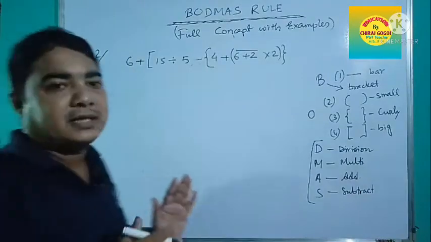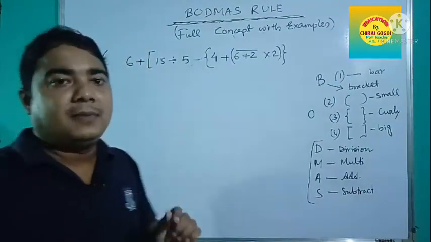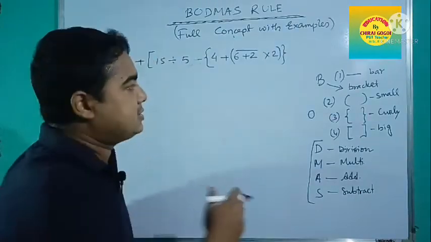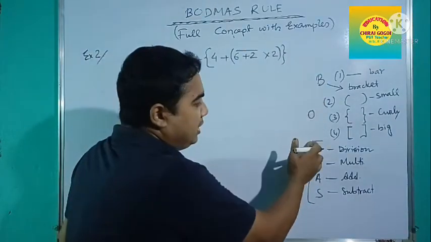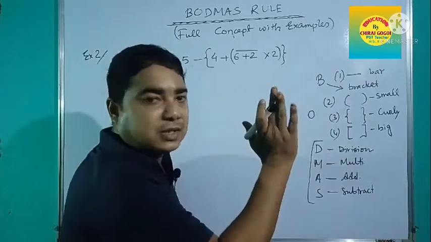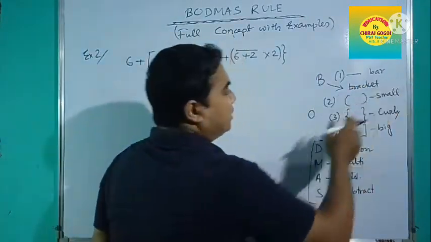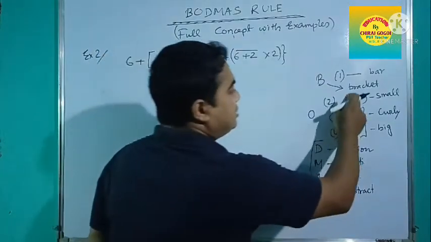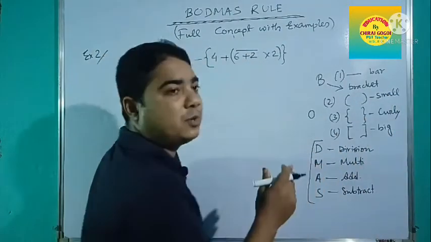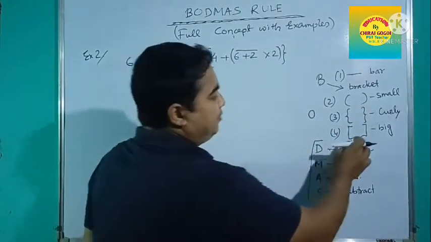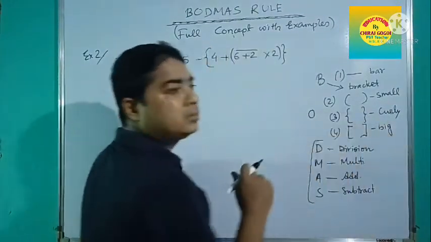All types of brackets are available in this example, but the question is how to apply these symbols. In BODMAS, B means bracket, but there are 3 types. The first is the round bracket or small bracket, the second is the curly bracket or middle bracket, and this one is called the big bracket or square bracket.